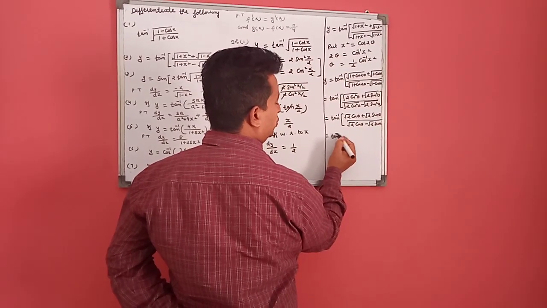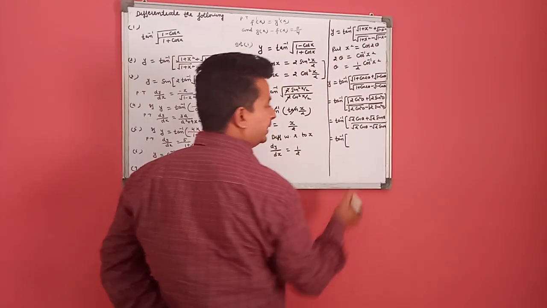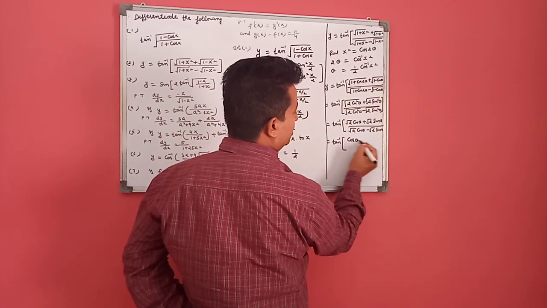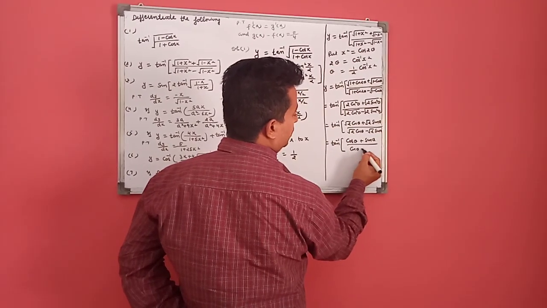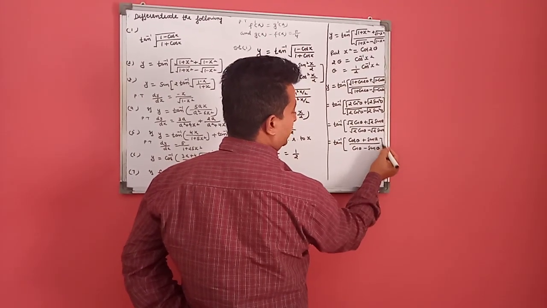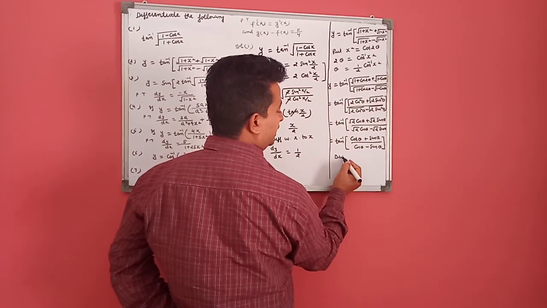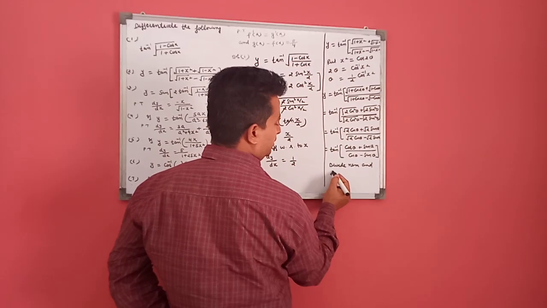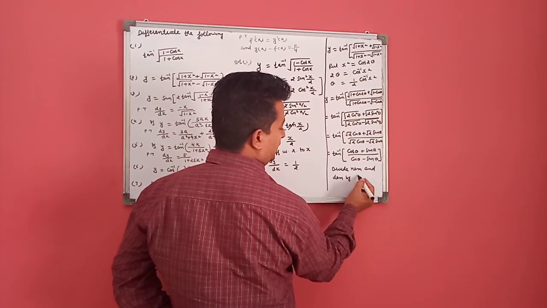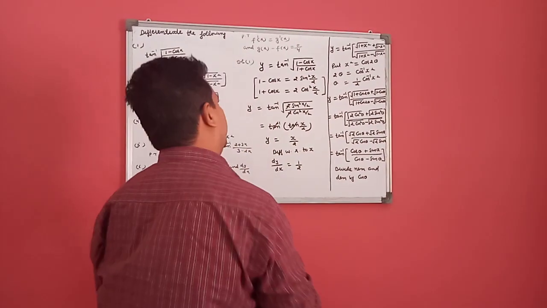When we take root 2 common from numerator and denominator, this cancels out. So we have cos plus sin upon cos minus sin. In this, we divide numerator and denominator by cos theta.